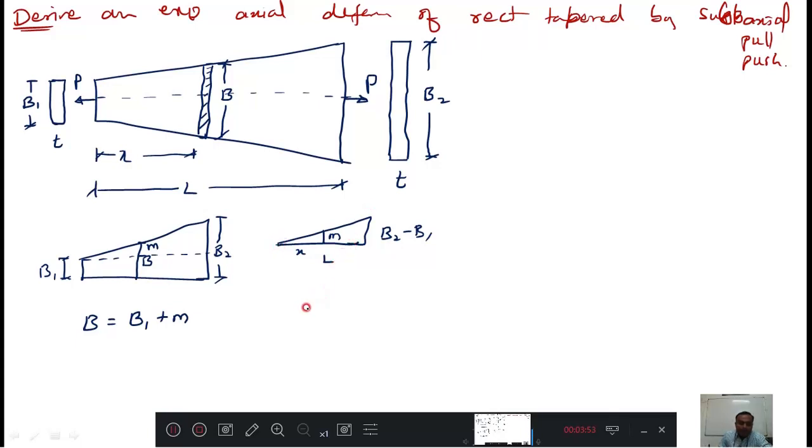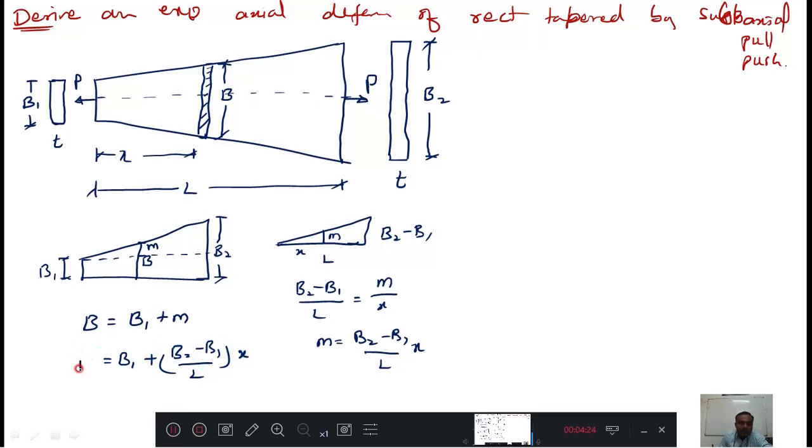Okay. Now by similar triangles, bigger height is B2 minus B1, bigger length is L, then smaller height is M, smaller base is X, then M equals B2 minus B1 by L into X. That M, if I substitute here, this becomes B1 plus B2 minus B1 by L into X. Every time it becomes very difficult to write this big expression, therefore I will substitute K here.